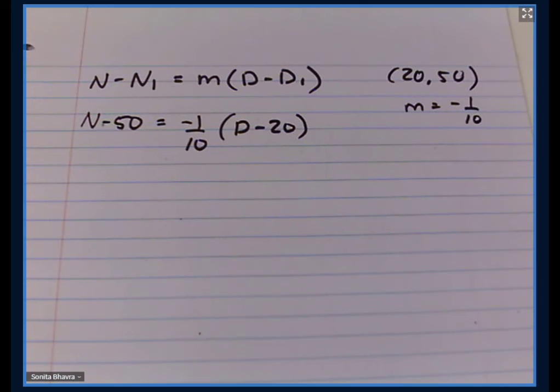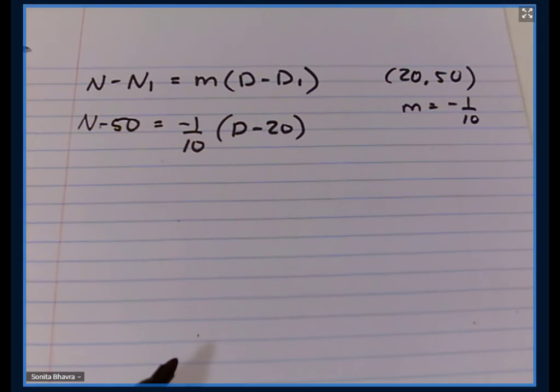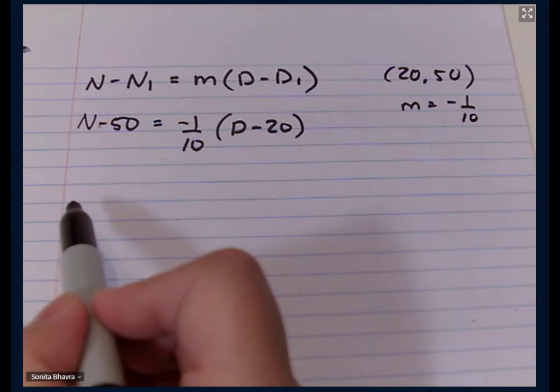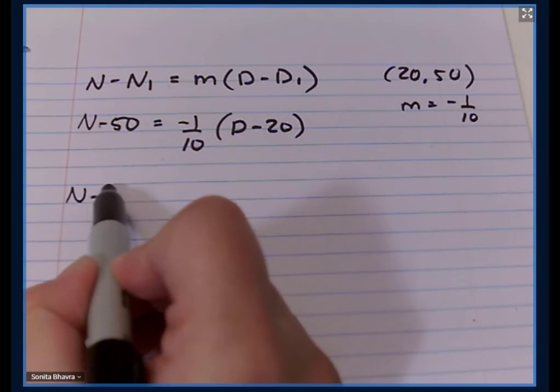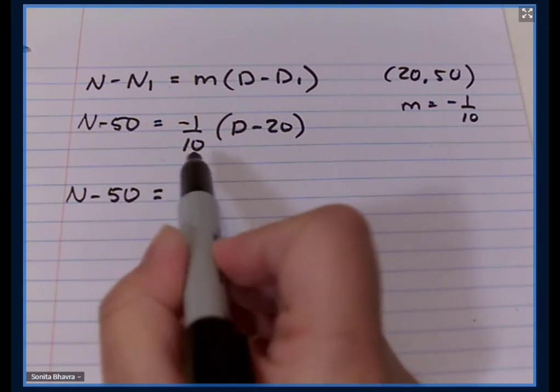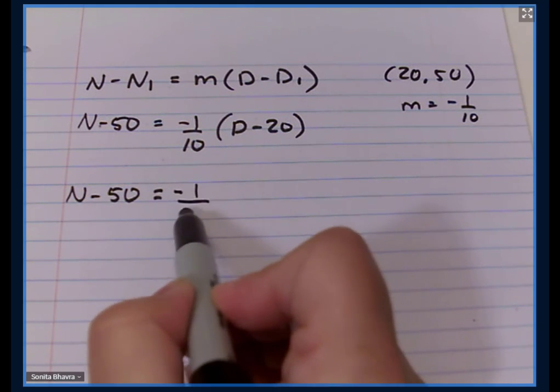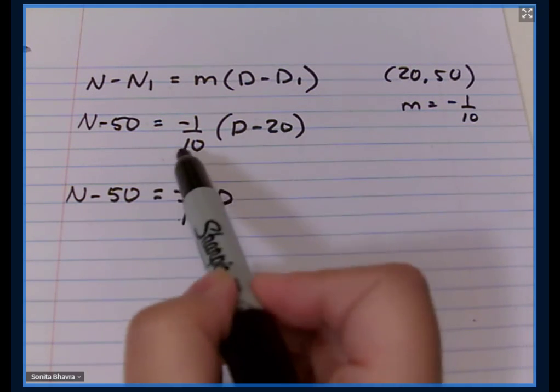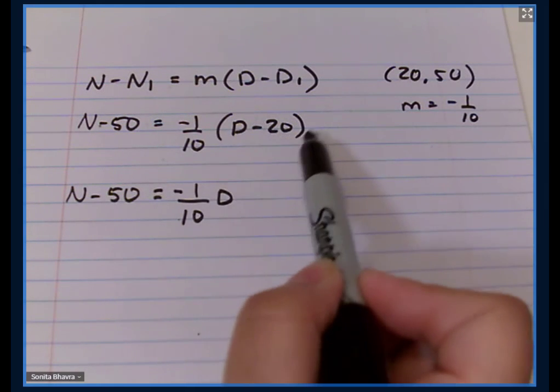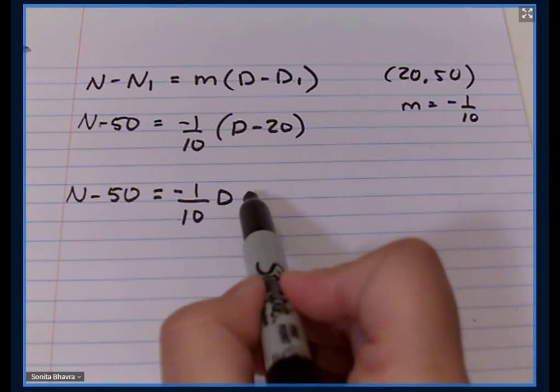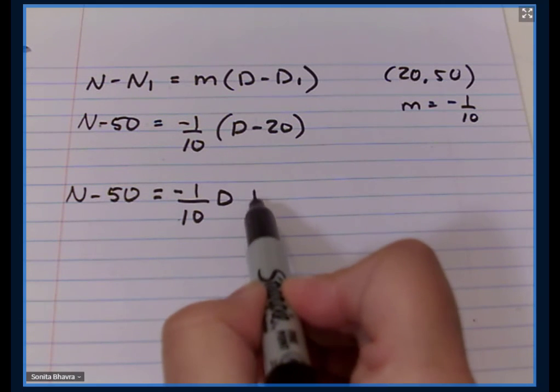All right, and now to put this into y equals mx plus b form. So we have n minus 50. We'll multiply this out, so it becomes negative 1 over 10d, and then negative 1 over 10 multiplied by negative 20 gives me plus 2.